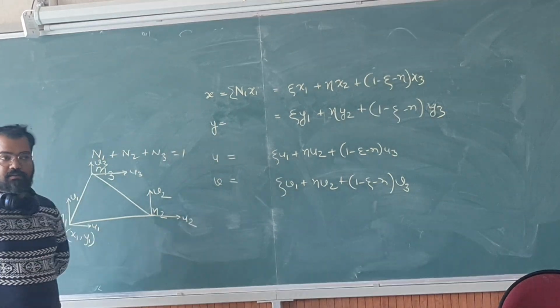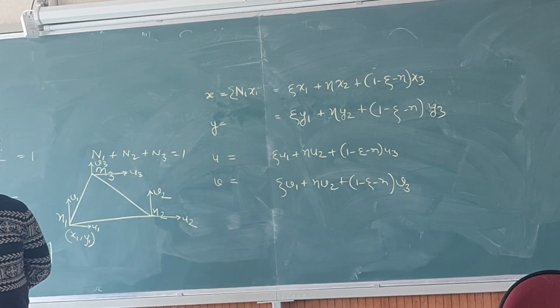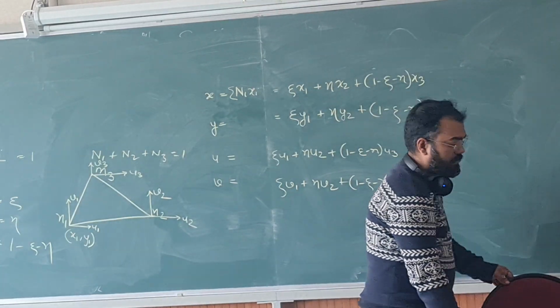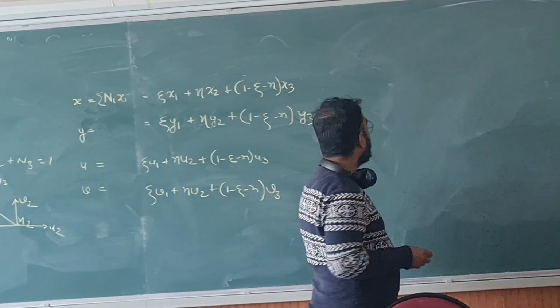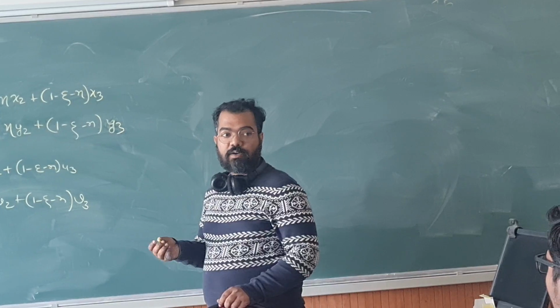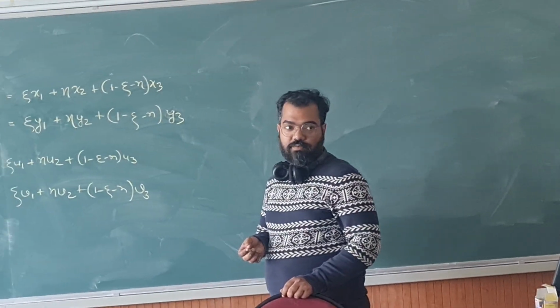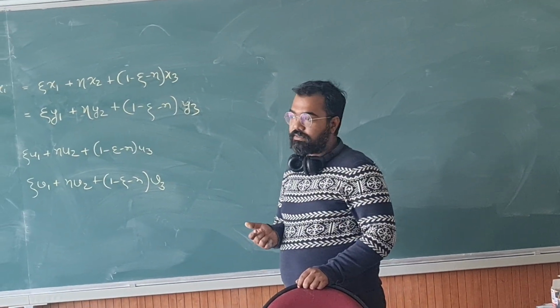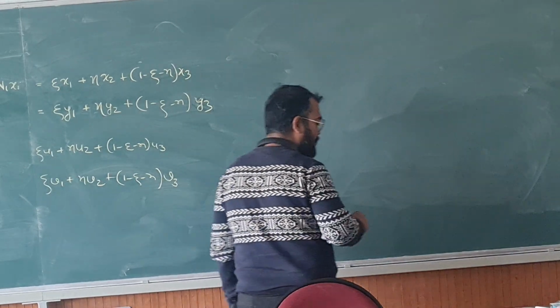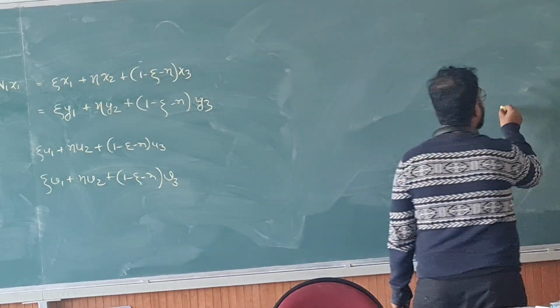So far good. Everything is okay, right? Now what do we need to do? We need to find out strain. So for that we need to find out del u by del x, right? So strain matrix, and in this case we are not going to make those big matrices.